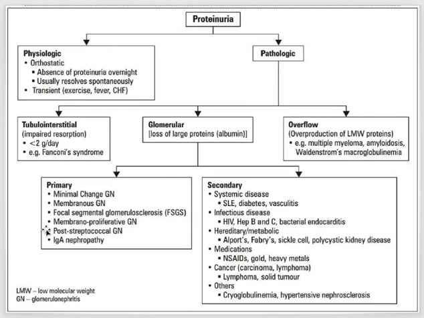This thing you already covered in pediatrics. IgA nephropathy, already covered in pediatrics. And it could be secondary to many things like NSAID use, cancers, hereditary causes, infectious diseases, systemic diseases.